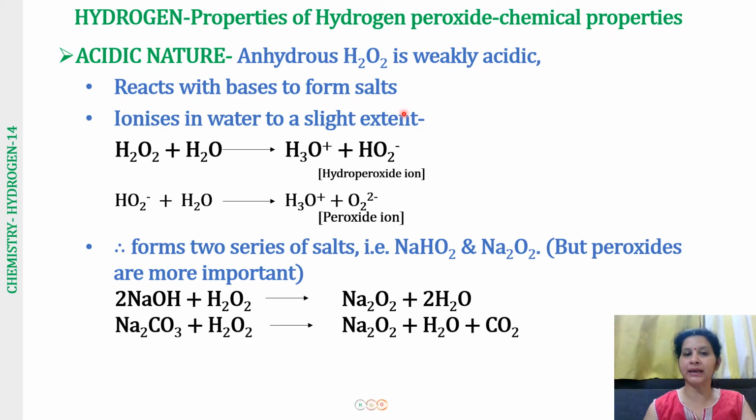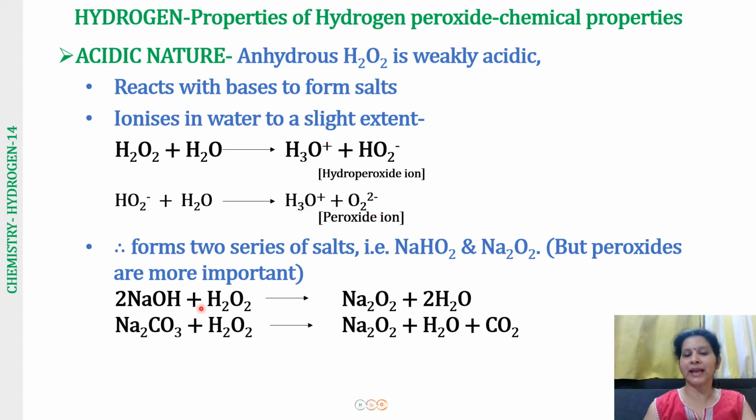So one reaction which you can learn for the bases as well is that it will similarly react with the bases, and it will form two series of salts. For example, now instead of water, if I write NaOH over here, H2O2 plus NaOH will form water plus NaHO2. So that will be sodium hydroperoxide. So this is the negative part, and Na would be the cation for it. So NaHO2 will react further to form Na2O2 and water.